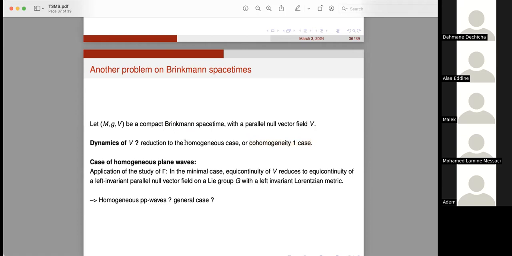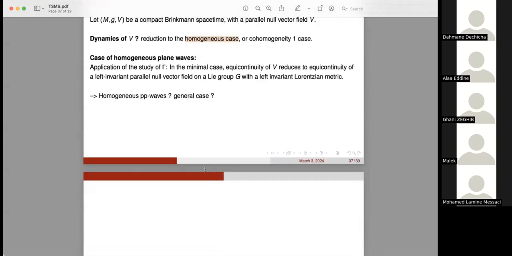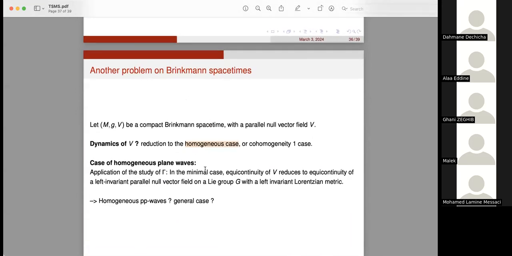The question is still open in the homogeneous case. But for homogeneous plane waves, which form a subfamily of Brinkman spacetimes, V preserves a Riemannian metric, and the question is still relevant in the general Brinkman spacetime.